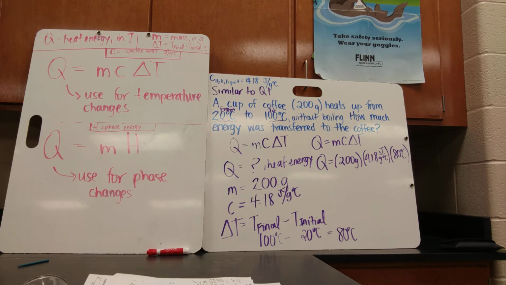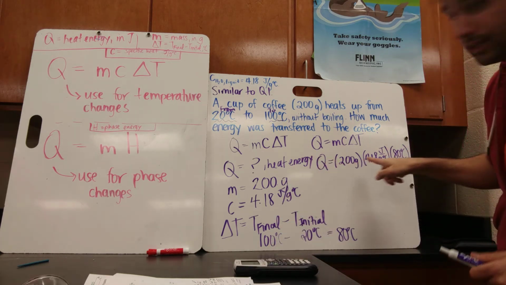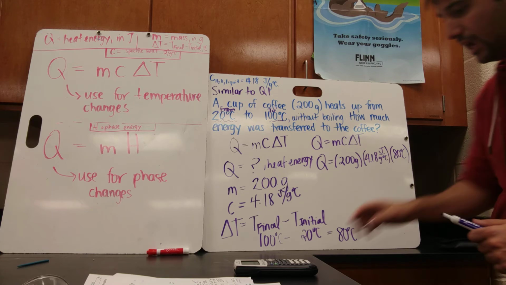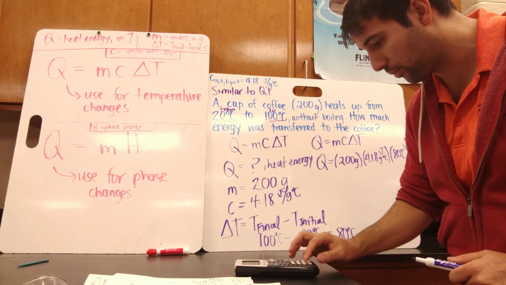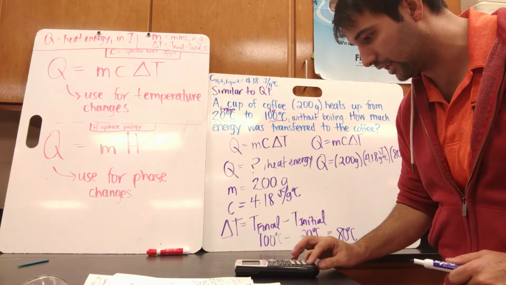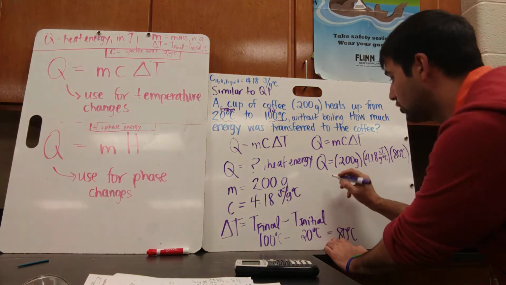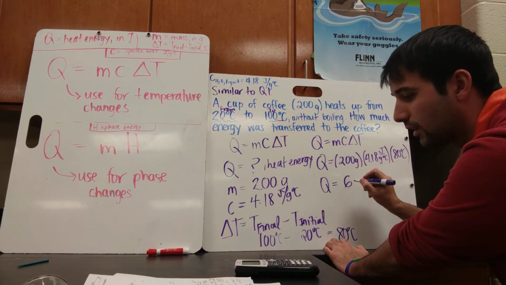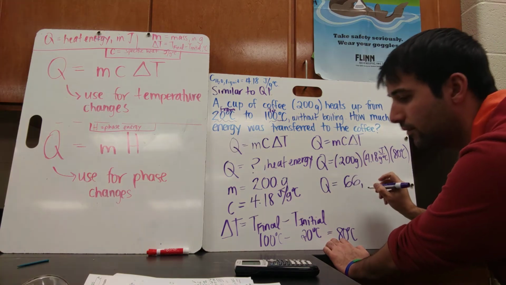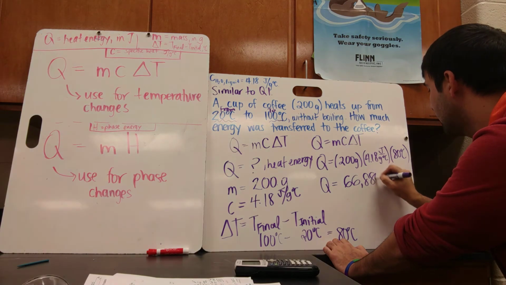If I do the math, all I have to do is multiply 200 times 4.18 times 80. So I'll do 200 grams times 4.18 times 80, and I get Q equals 66,880.